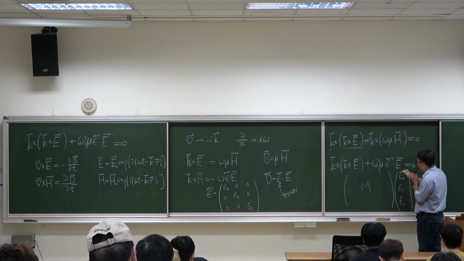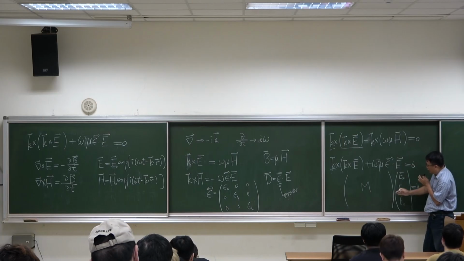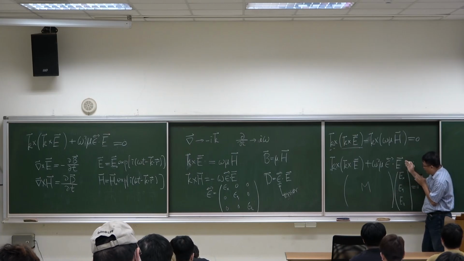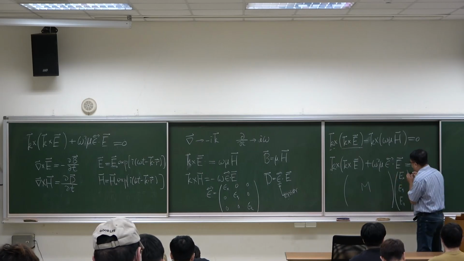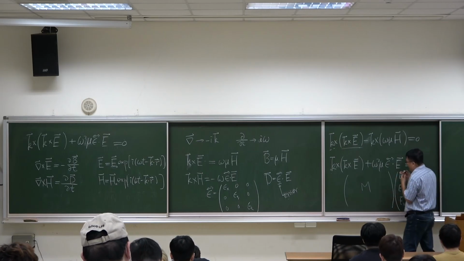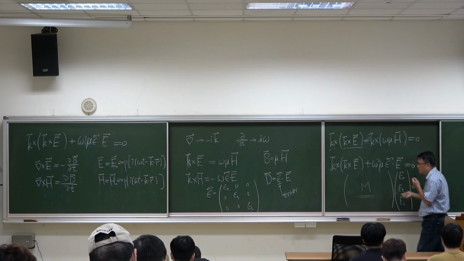Okay. So how can we obtain this equation but without asking E to be 0? The only possibility is that M has no inverse.